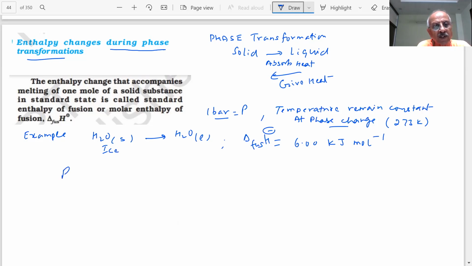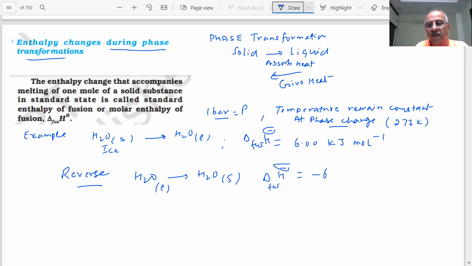If I do the reverse, what is reverse? Liquid water to solid water. If you want to go from liquid to solid, students, what will happen? Now this absorbed heat, this will give heat, student, and the value will change to minus 6.0 kilojoule per mole.